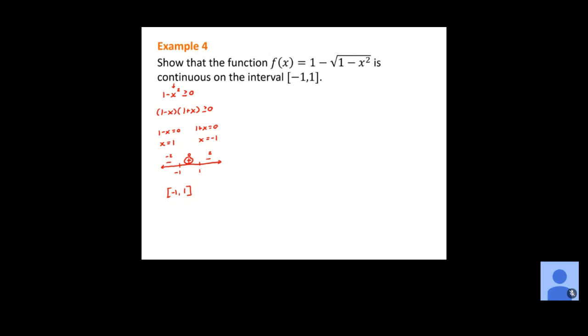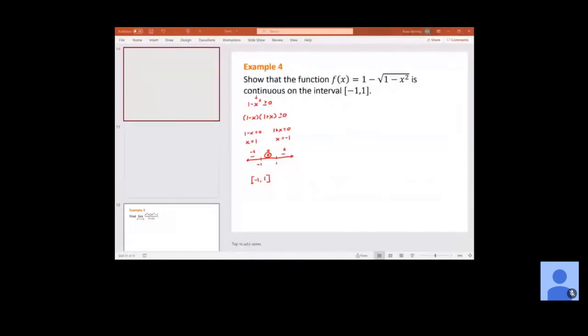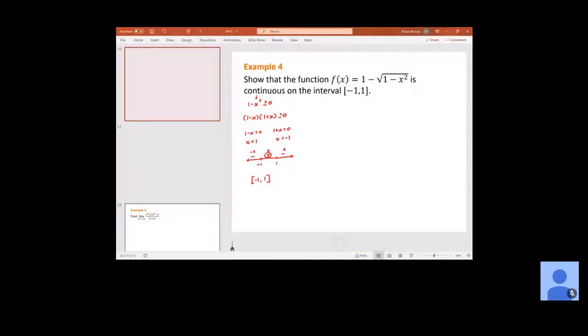So what I'm going to do here is I'm going to say, let's let some value a be between -1 and 1. So I'm going to say -1. Give me 1 second. My pen's not writing.